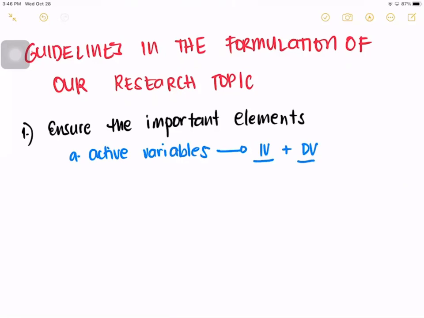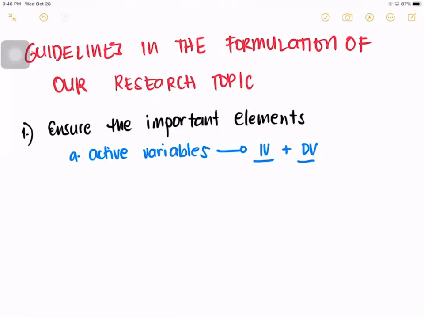Next, the other elements that I would suggest here are optional, but it really depends upon the school or the institution where you are affiliated or studying, because they have certain rules and guidelines in doing the title.